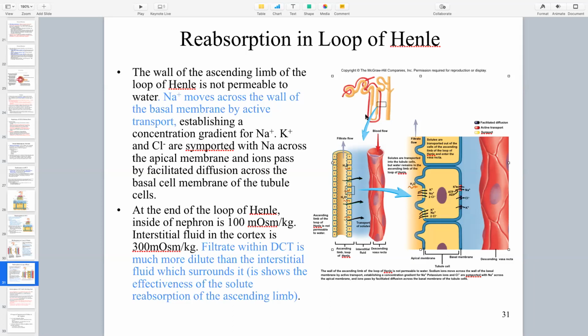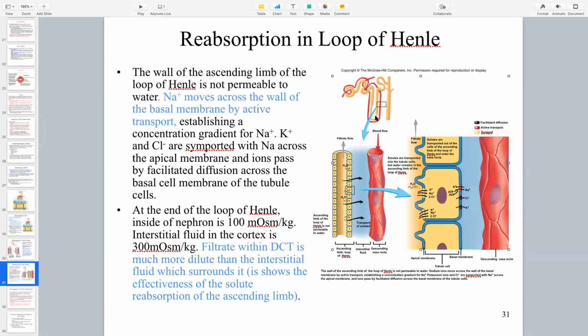Because that surrounding environment was so full of salts, water on the descending limb would move out. So the reason why water, and only water, will move out on the descending limb right here is because of how salty the interstitial space is next to it, in the medulla.